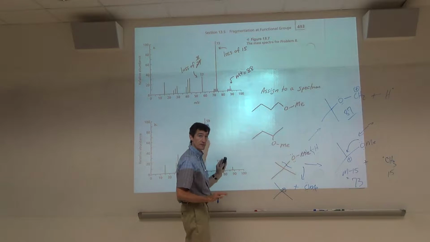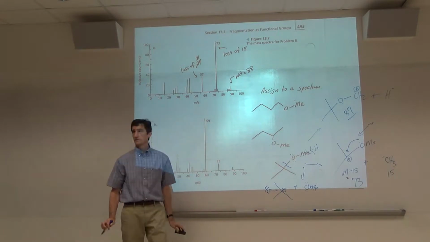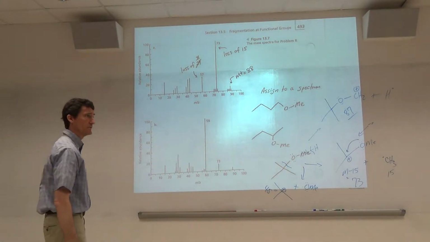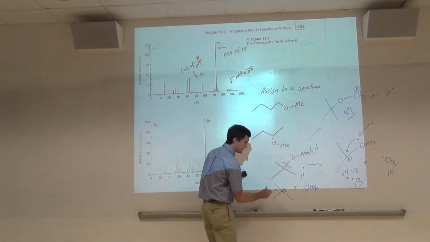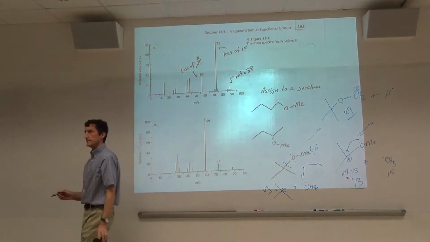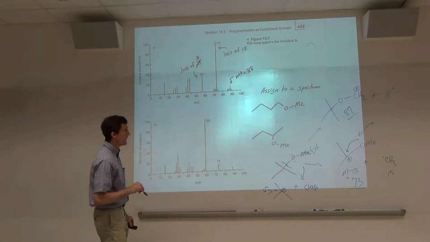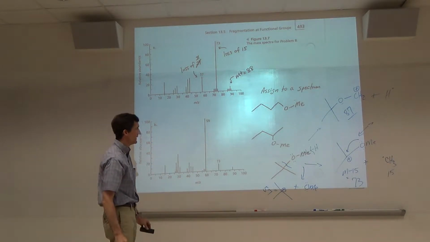It's not alpha cleavage, but it's still a good cation, and this is going to be what, 45? 4 carbons is 48, and 9 H's, that's 57. So for that molecule we expect 87, 73, and 57.